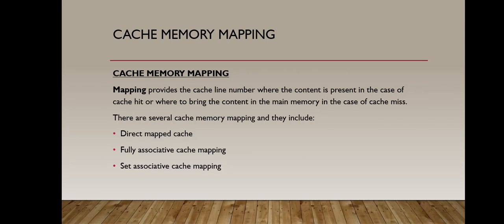Now, in cache memory, we have the cache memory mapping, and the mapping provides the cache line number where the content is present in the case of cache hits, or where to bring the content in the main memory in the case of cache miss.